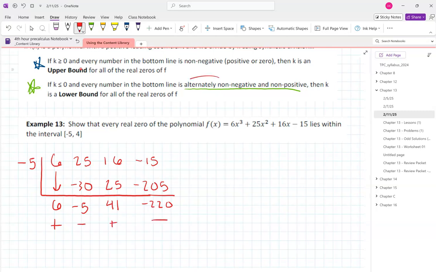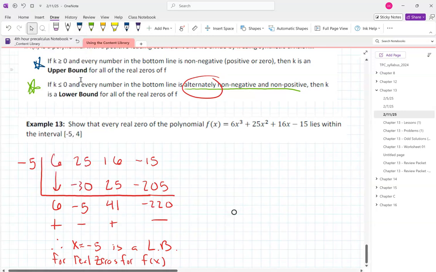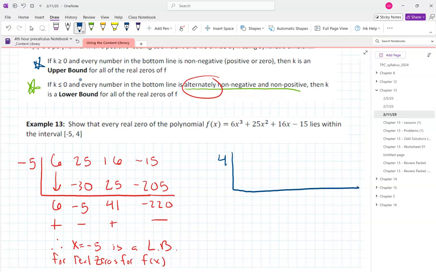So I'm getting that alternating. And I would do the same thing with the positive 4.